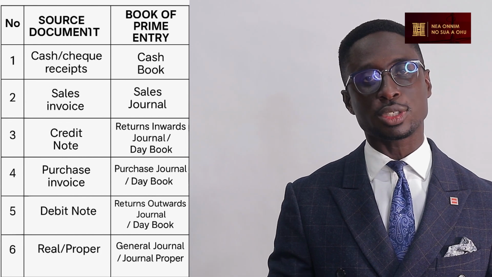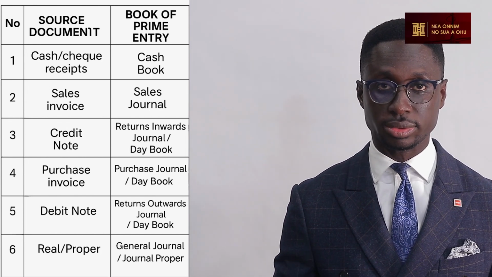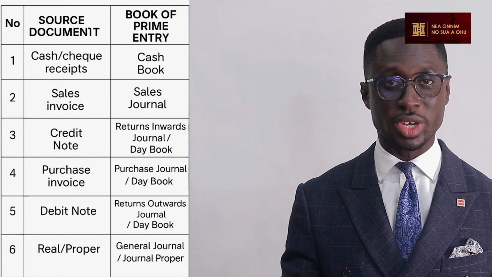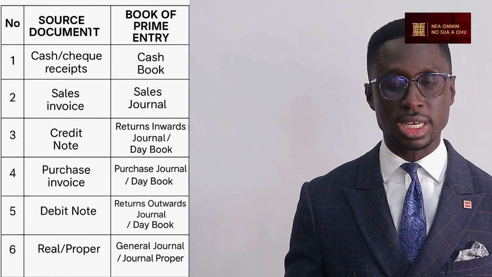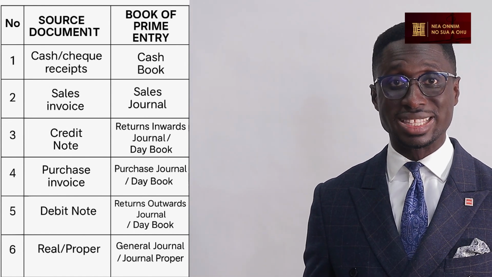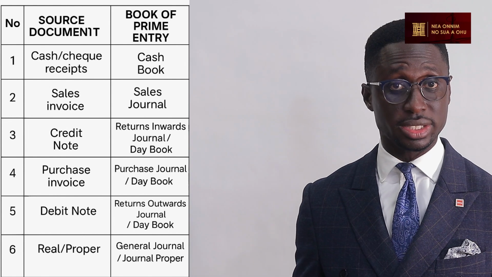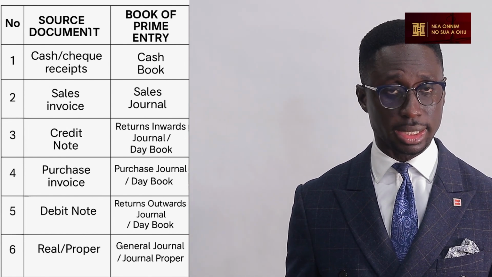Good. Now let's look at what we call the real or proper journal. Transactions in respect of that will be recorded into what we call the general journal. The general journal. I hope that is clear. Good.